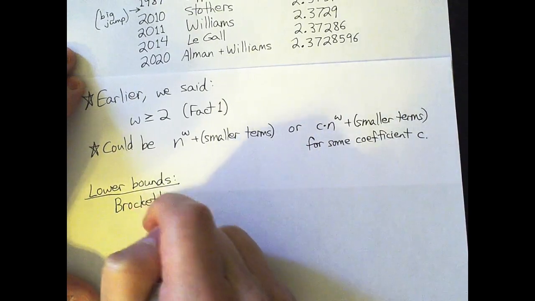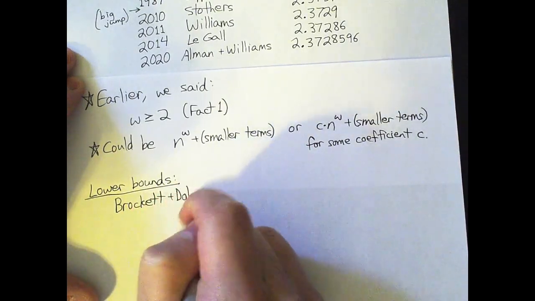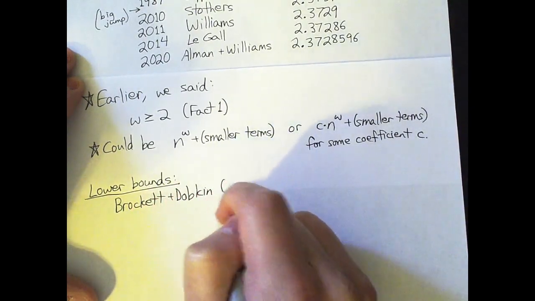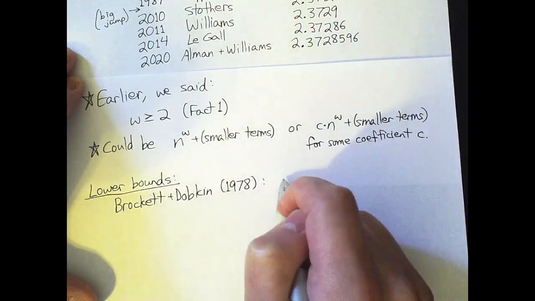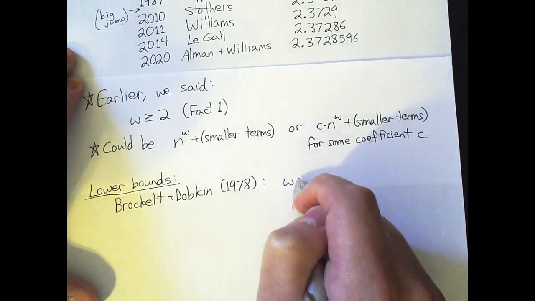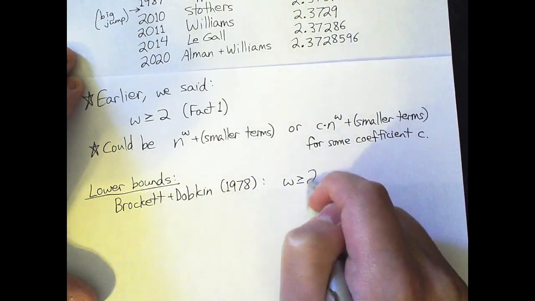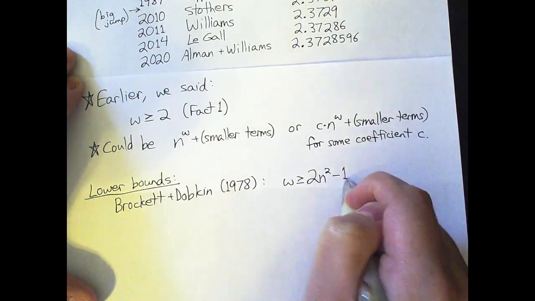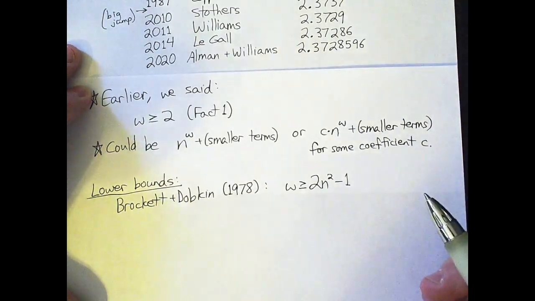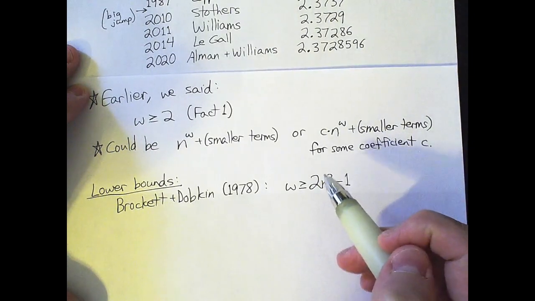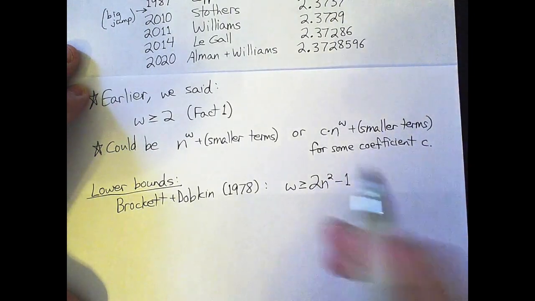So Brockett and Dobkin in 1978 found that omega is greater than or equal to 2n squared minus 1. So that seems to suggest that omega could actually be 2 with these extra terms.